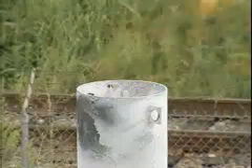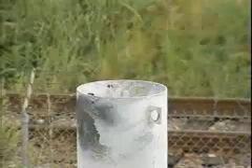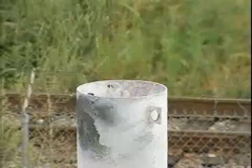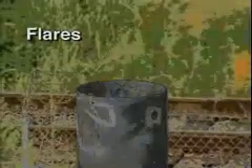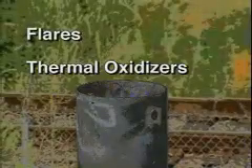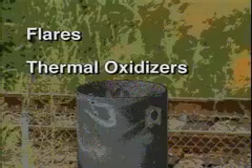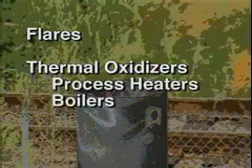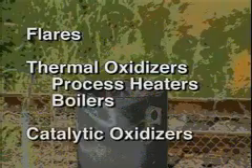To review, the 3 common types of incinerators used in air pollution control are flares, both ground level and elevated, and thermal oxidizers. This type of incinerator has alternative devices sometimes used, which are process heaters and boilers. The third type of incinerator is catalytic oxidizers.